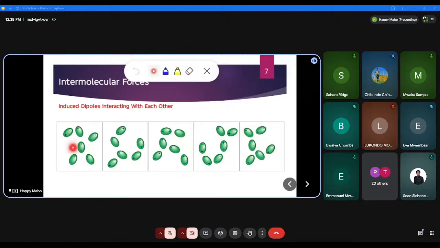When you have electrons spinning in one of these molecules or atoms of this particular substance, they may coincidentally group themselves in one region. If that happens, that region becomes negatively charged because there is a higher electron density in that region, and the other end becomes positively charged.